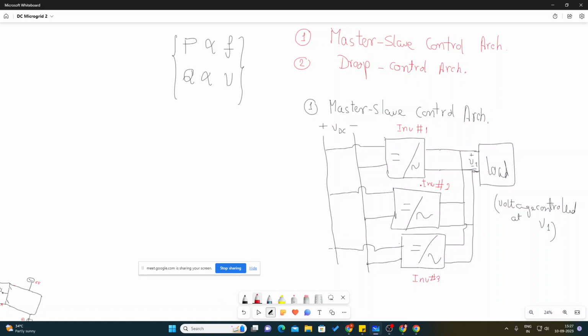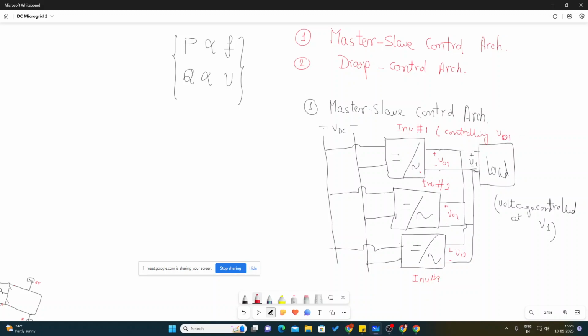So INV1 is responsible for controlling V1. Let's say this is V out 1, this is V out 2, and this is V out 3.